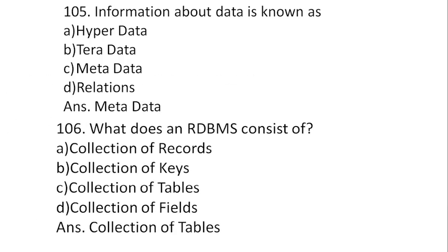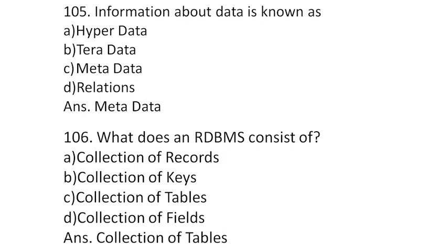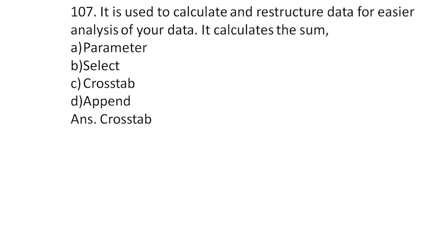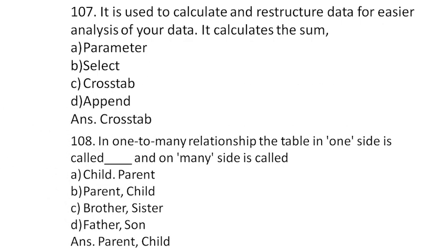Next, what does an RDBMS consist of? Answer: collection of tables. Next, it is used to calculate and restructure data for easier analysis of your data, it calculates the sum. Answer: cross tab. Next, in one to many relationship the table on one side is called dash and on many side is called dash. Answer: parent and child.